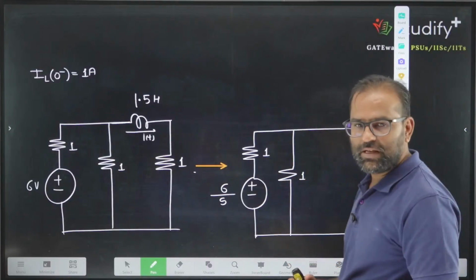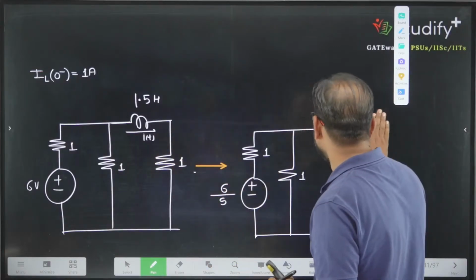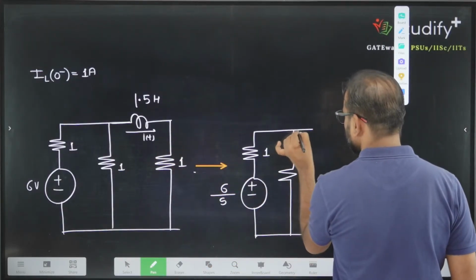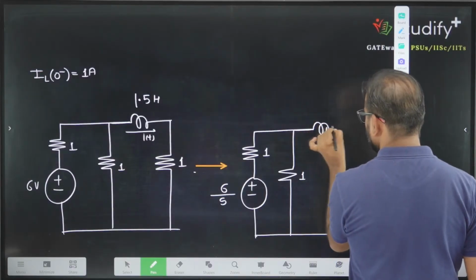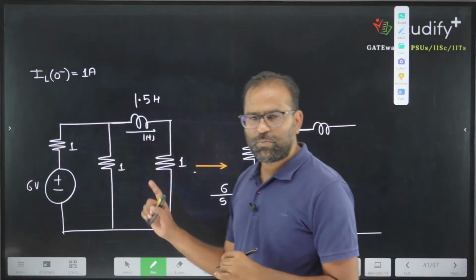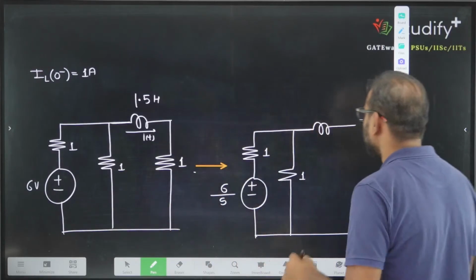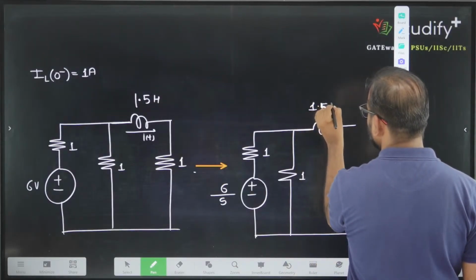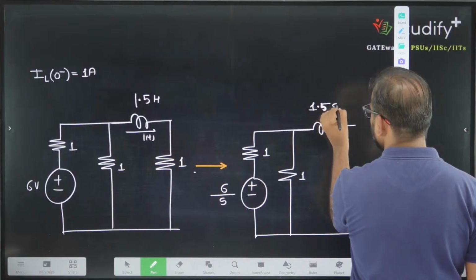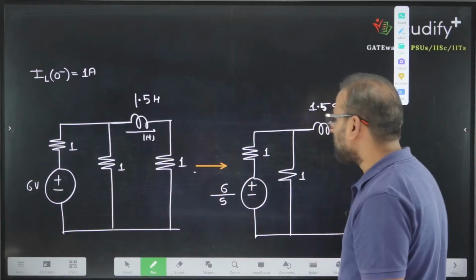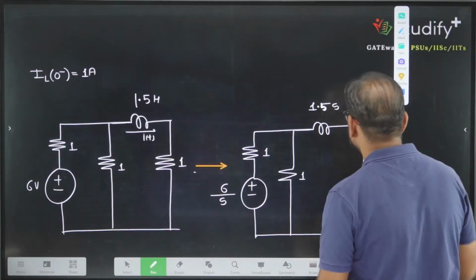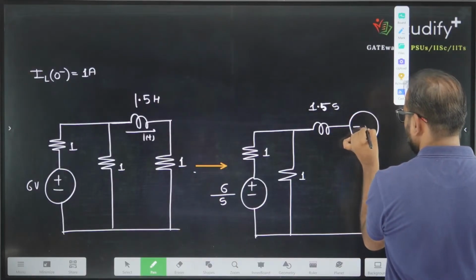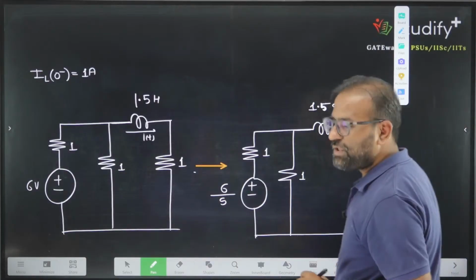What else are we having here? Inductor. So how do you write the inductor? Inductor is 1.5 Henry and it is multiplied by s, so 1.5 into s. And in the inductor we are drawing the voltage equivalent, so here we are having minus plus L into I naught.